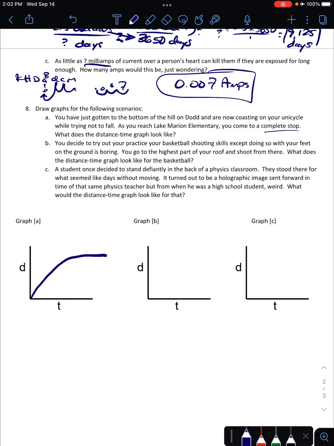Okay, well, it's going down, so down equals negative, right? And the reason why down equals negative is because on that y-axis, up is positive, down is negative. So if it's going down, it's going in a negative direction, all right?